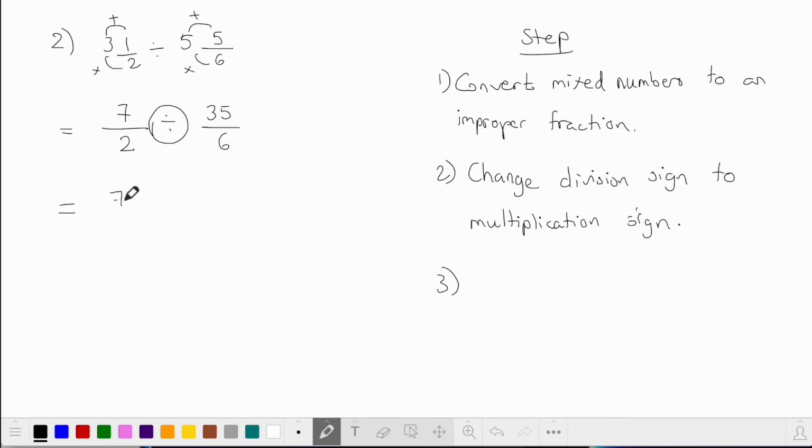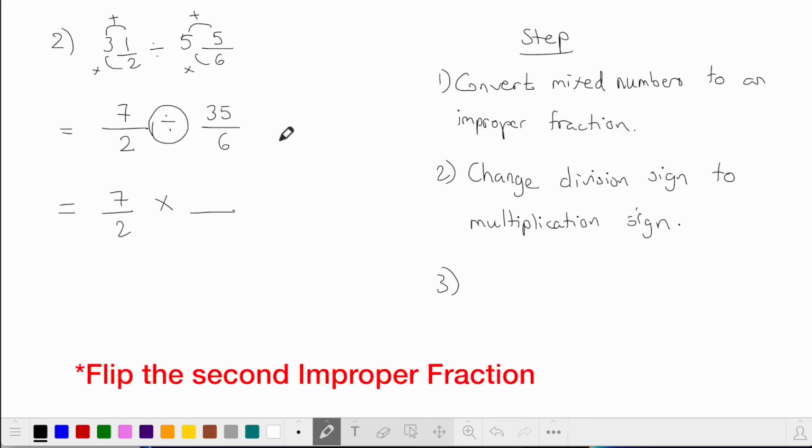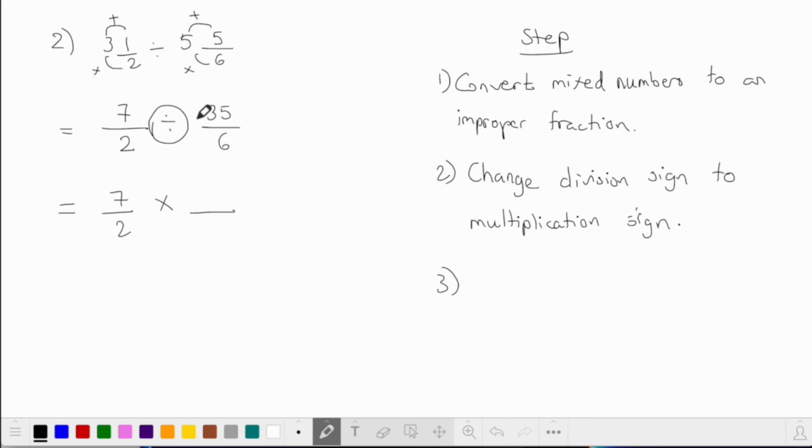So let's go to the next step. 7 by 2 stays at 7 by 2, and division becomes multiplication. And when we change division to multiplication, we flip the second fraction. The numerator goes to the denominator, and the denominator goes to the numerator. That is known as the reciprocal.